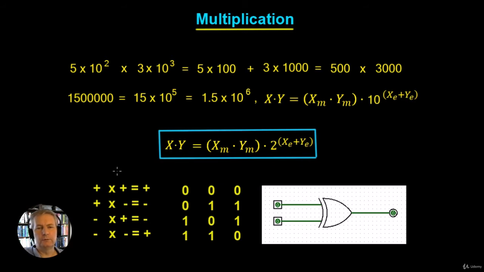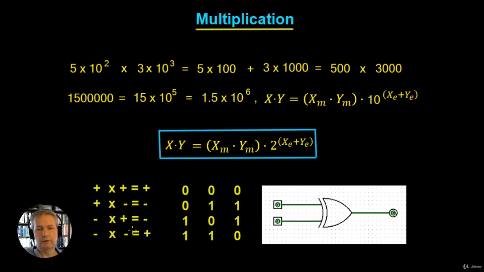But what's going to happen to the sign value? Well, we know that whenever we multiply together a positive number with a positive number, we get a positive number. When we multiply a positive with a negative, we'll get a negative. Equivalently, a negative with a positive will give us a negative. And if we multiply together two negative numbers, we get a positive number. So that's just basic arithmetic.